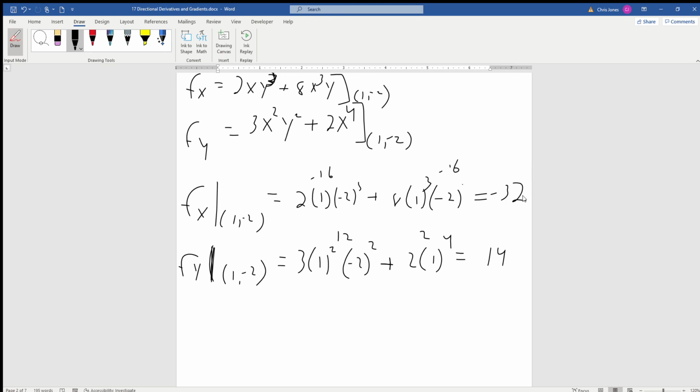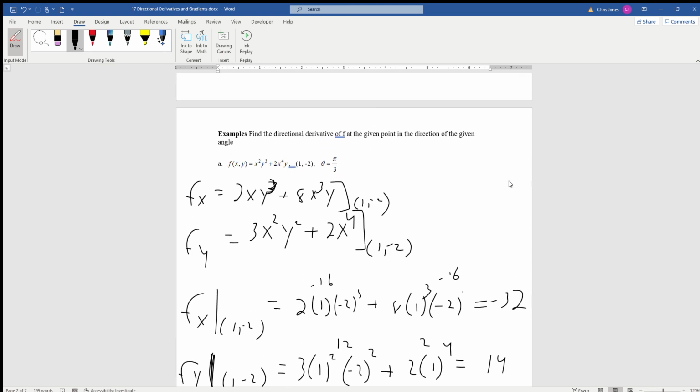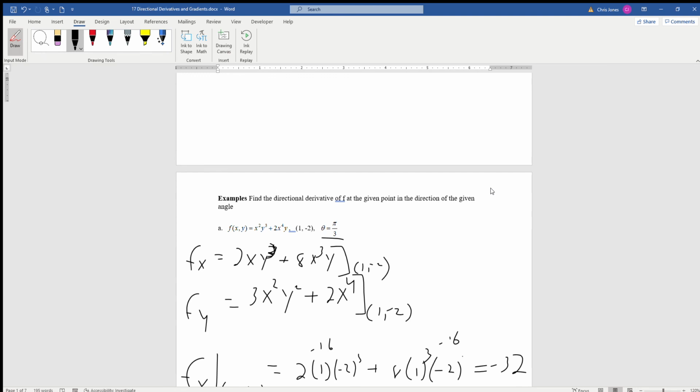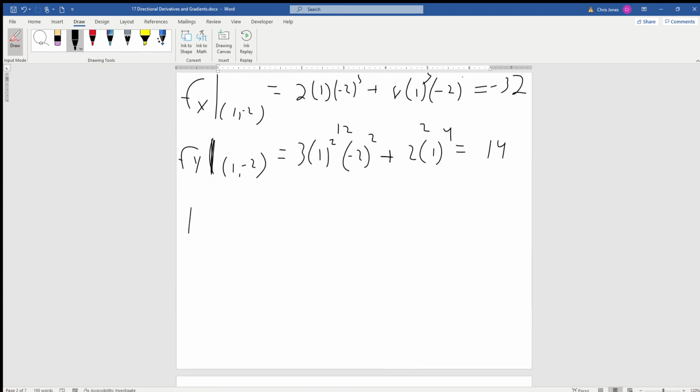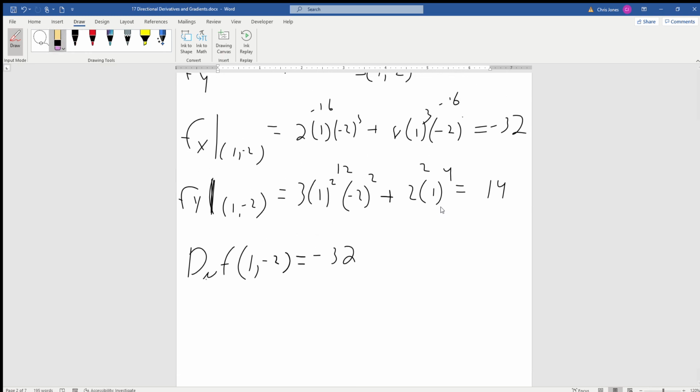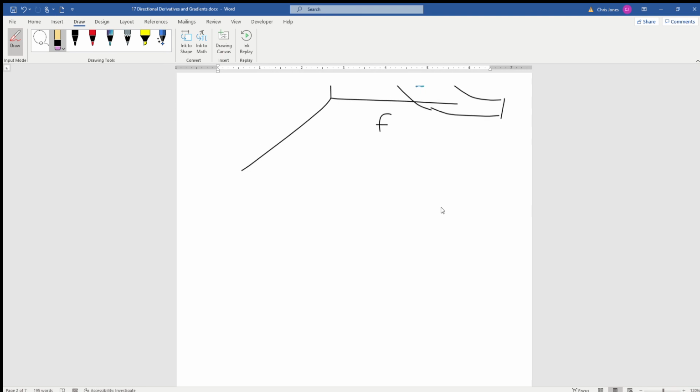Now finally we're going to find the directional derivative at pi thirds. So we're going to find D sub u of f at (1, -2). That's going to be equal to negative 32 times, and if we go back up, it's going to be our cosine since we're in our x direction.